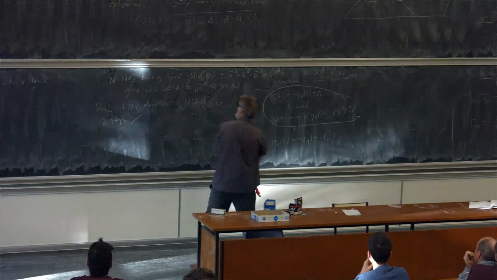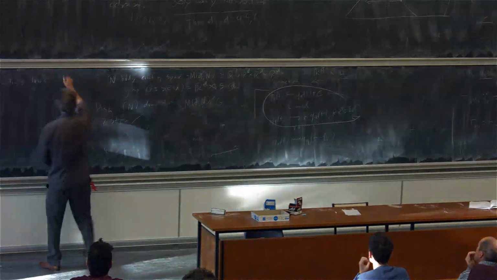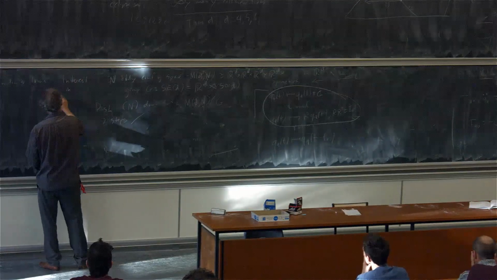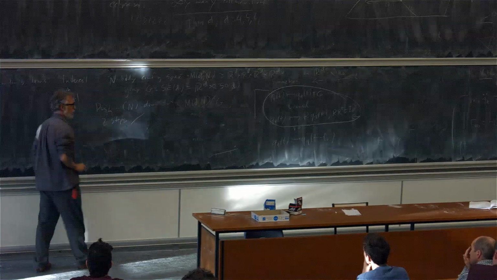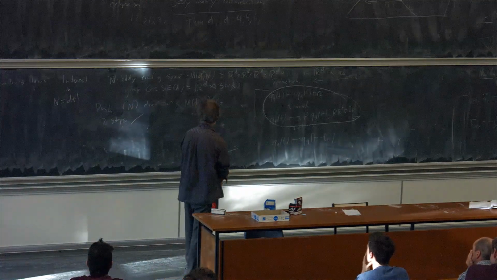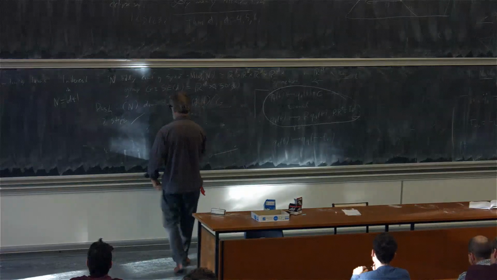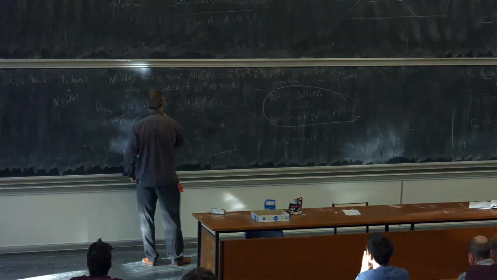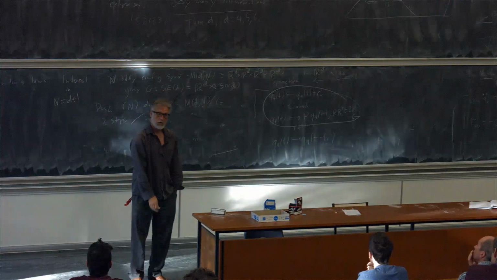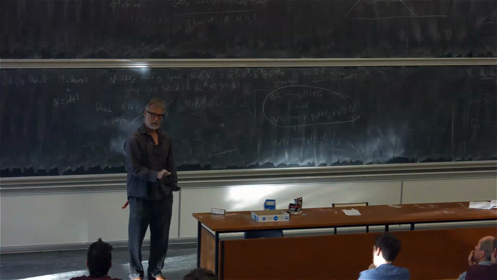I'm mostly interested in n equals d plus 1, but I'll do it this way for a second and then specialize. The two steps are: first, take the quotient by R^d. You can do that by fixing the center of mass.